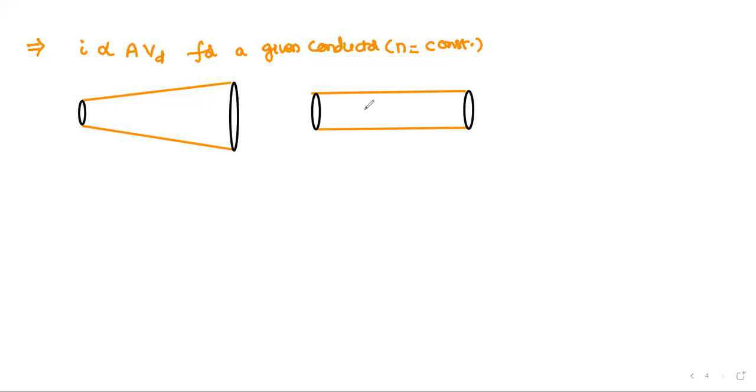If you come to this uniform cross section, here A is constant at all points, so we can say directly I is directly proportional to Vd.